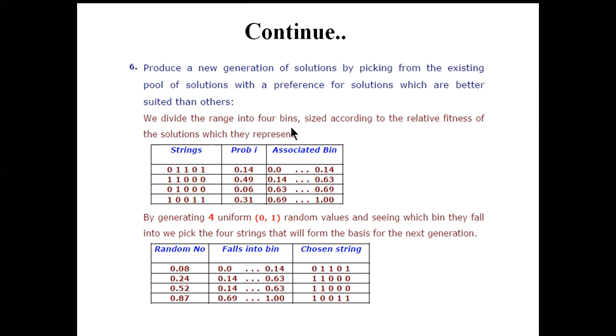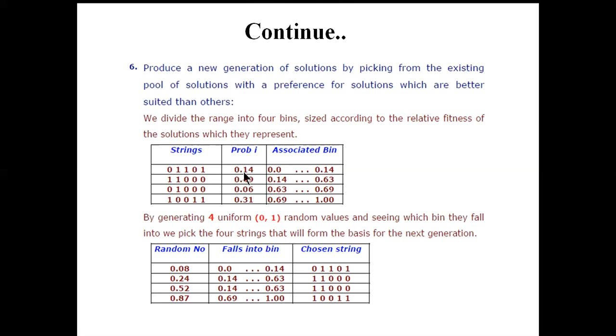From this table you can select the corresponding strings as parents. To select the parents from a pool of solutions, we need to use the following process. At the sixth step, we divide the range into four bins, and the size of each bin is according to the relative fitness of the solution it represents. So this is the first solution, second, third, and fourth, and the corresponding probabilities are already provided.